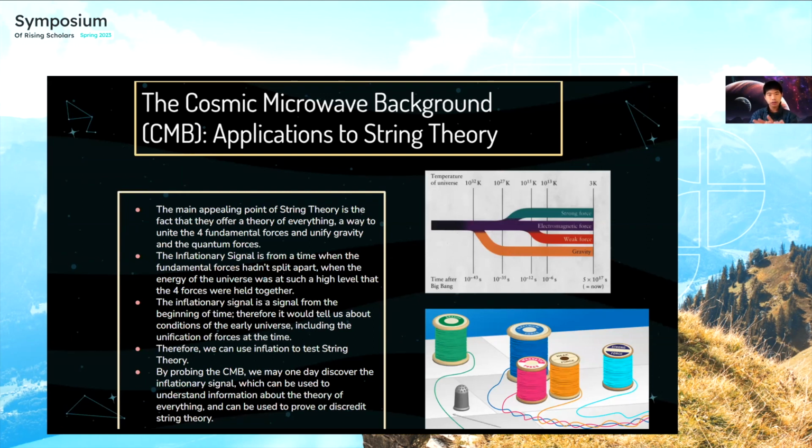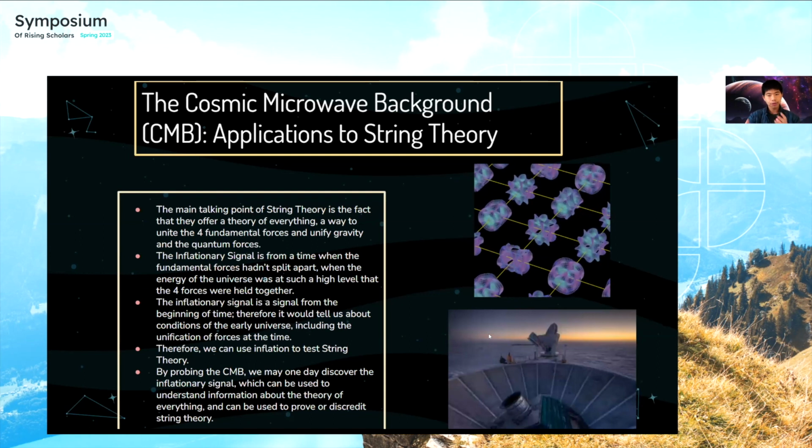And that ties back to the question of string theory, because the main appealing point of string theory is that it offers a theory of everything, a theory that can unite the four fundamental forces and unite the quantum and the gravity forces under the framework of a cosmic string, how all particles are composed of different vibrations of said strings.